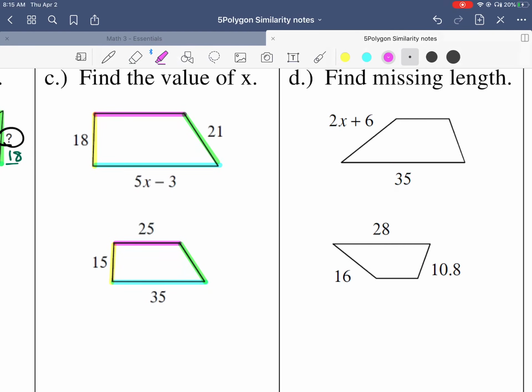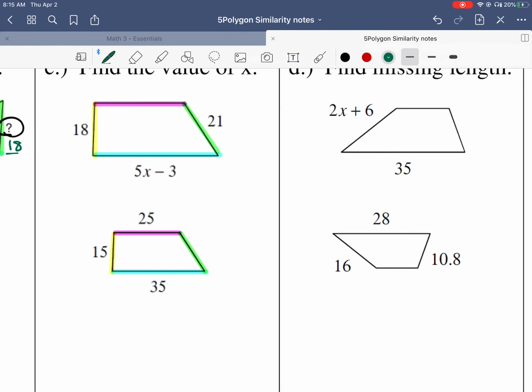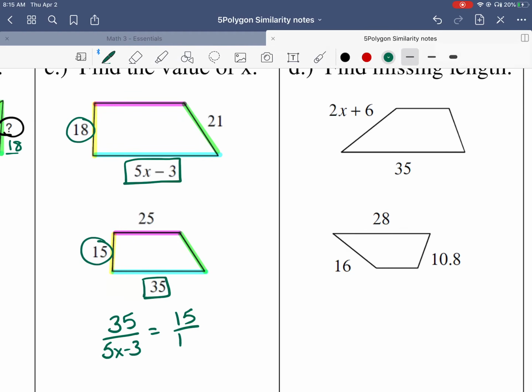So I need to figure out which sides to compare. I'm going to again pick the smaller one. I need to solve for x, so I definitely have to use this side and this side. 35 is my smaller, because it's my smaller figure. And then I'm going to set it equal to the 18 and the 15, because that's the only one that has both pieces, so I need to use those to compare.